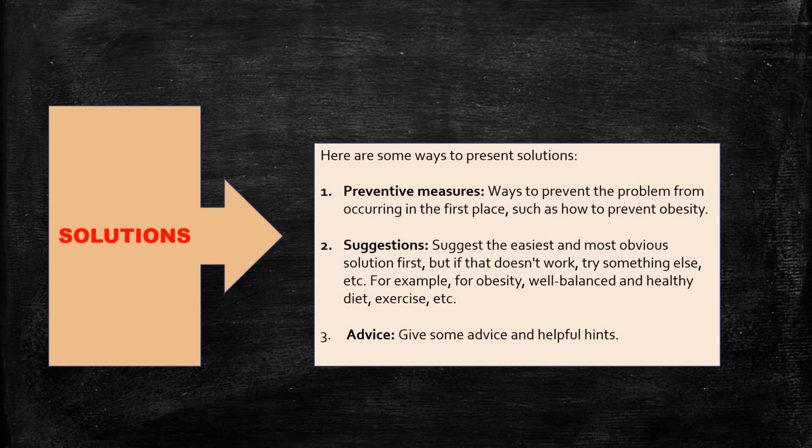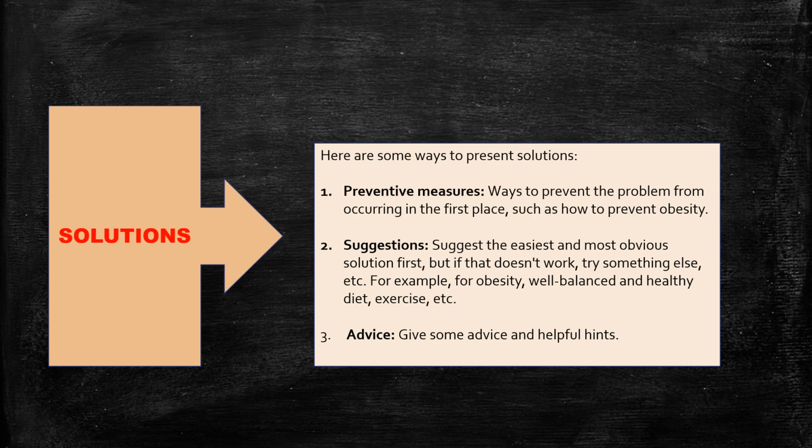You need to give the solutions here. Now, while giving the solutions, first you have to write about the causes. What causes the problem and what are the causes of the problem? You have to mention whatever is asked to you in the exam. And then you have to write the solutions. Now, solutions could be the preventive measures, means the ways you can prevent the problem.